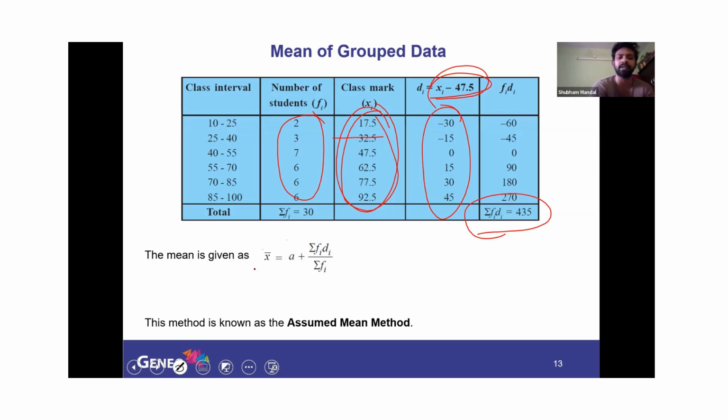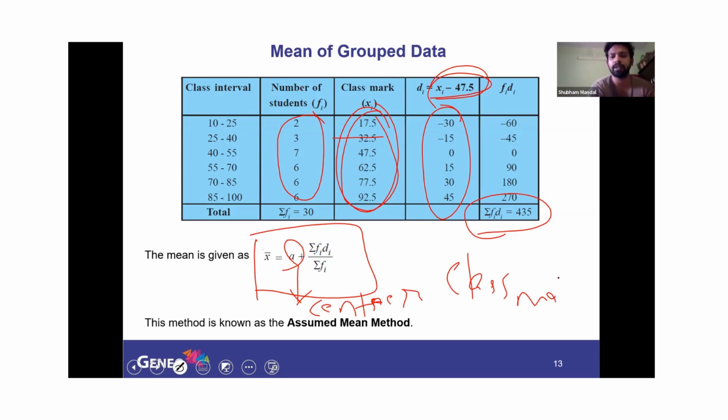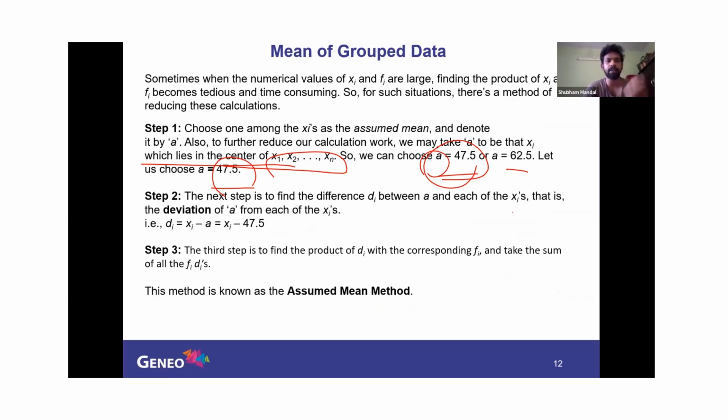And finally, the mean is given as A, which is the center class mark, plus our original formula, sigma fi di by sigma fi. This method is called the assumed mean method, because we are assuming that the center of the class marks is the mean.